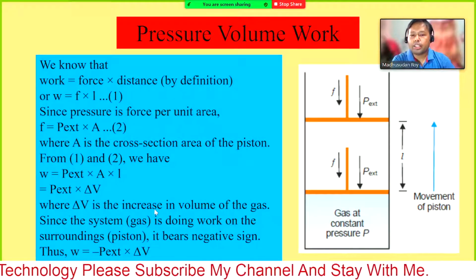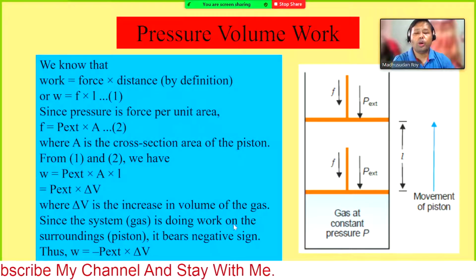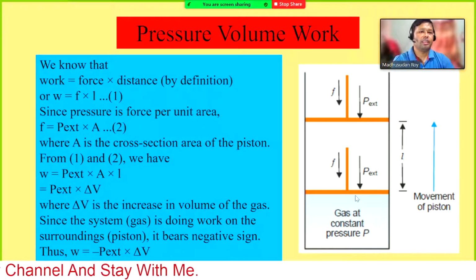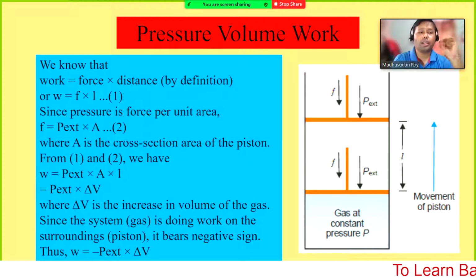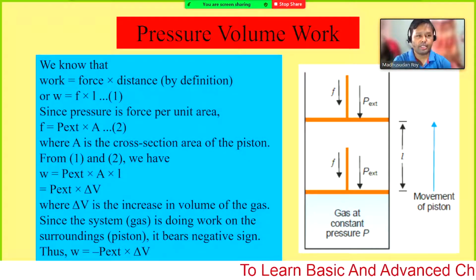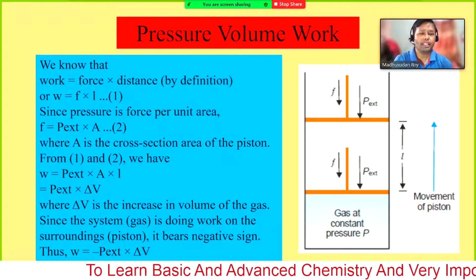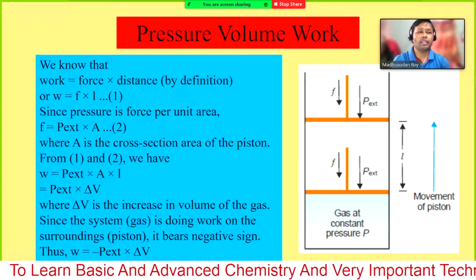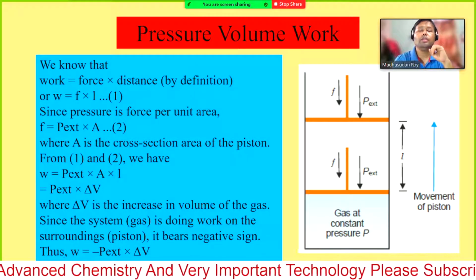As already mentioned in the sign convention of work, if the system is doing work over the surroundings, that means the work is done by the system, in that case the sign of the work will be negative, and if the work is done on the system, then the sign of the work will be positive.